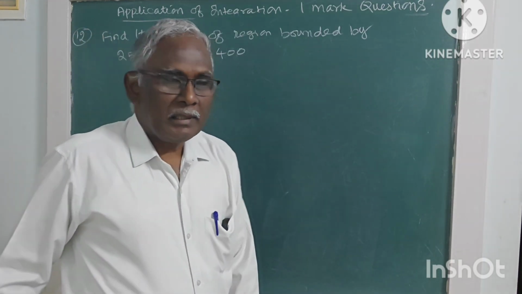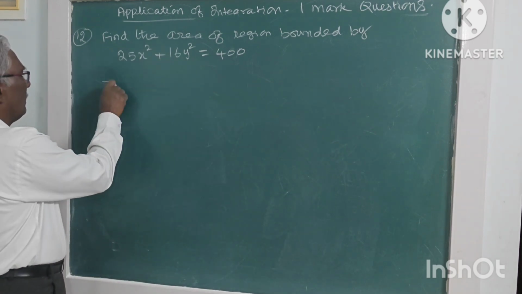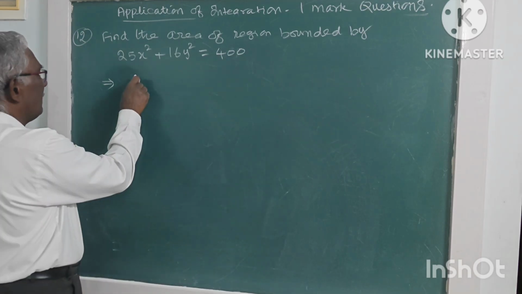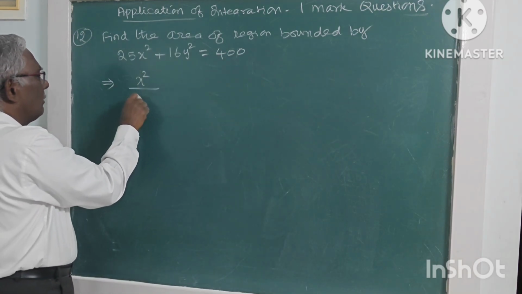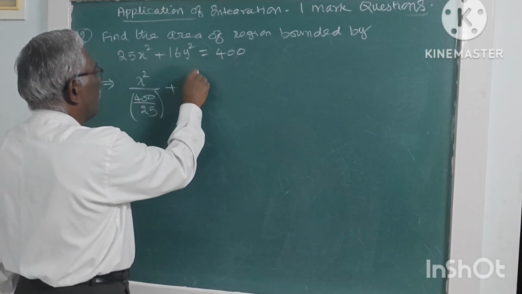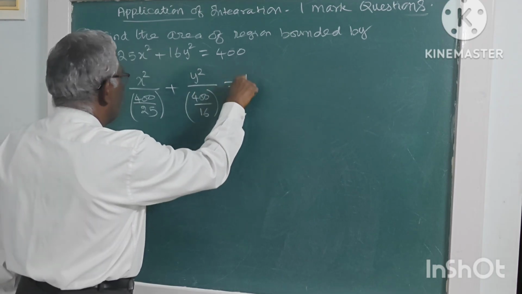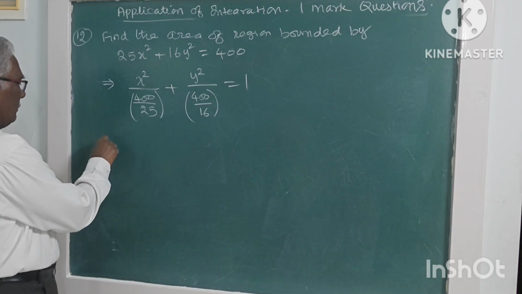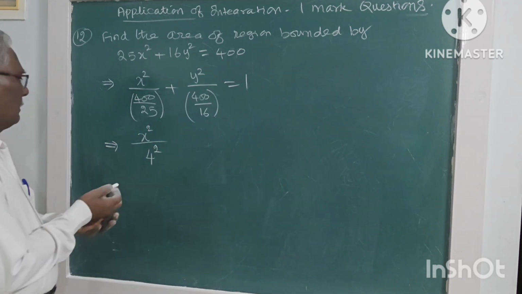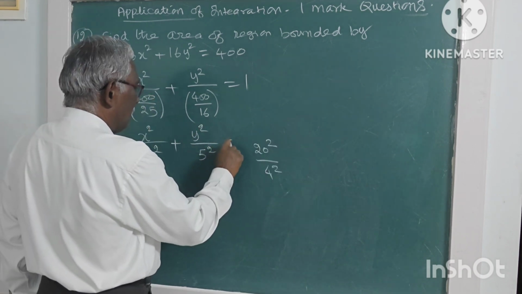Find the area of the region bounded by the curve 25x square plus 16y square is 400. We know that this is the equation of an ellipse. You divide throughout by 400, and we will get x square by 400 by 25 plus y square by 400 by 16 is equal to 1. So x square by 4 square plus y square by 5 square is equal to 1.